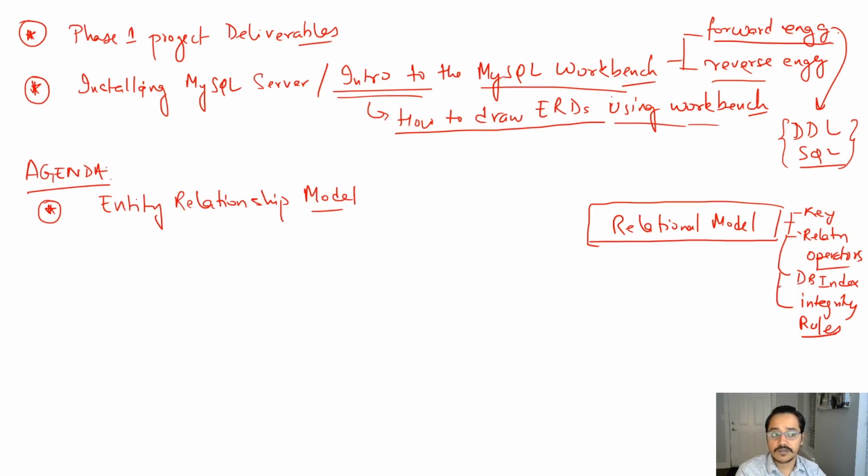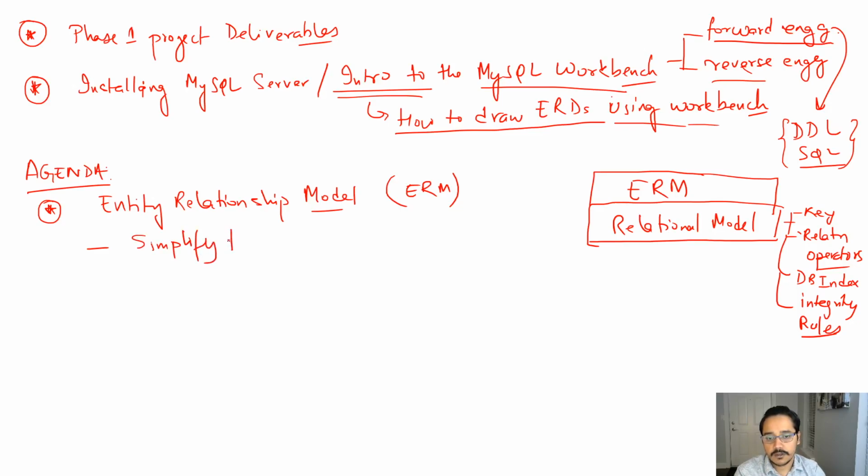So that is why, if you remember our goal from a few lectures back, on top of the relational model we will use the entity relationship model, or the ERM, where the sole goal of the ER model is to simplify the graphical representation of a database design.